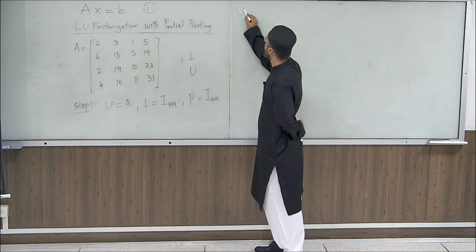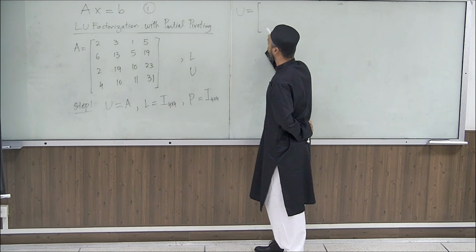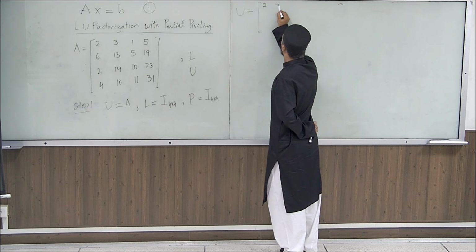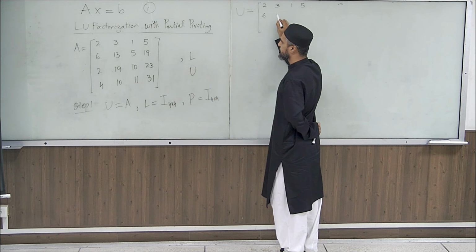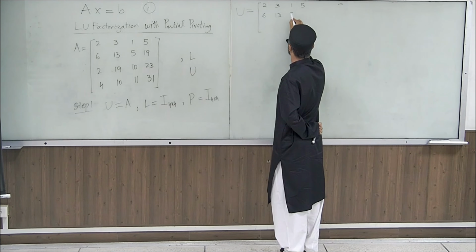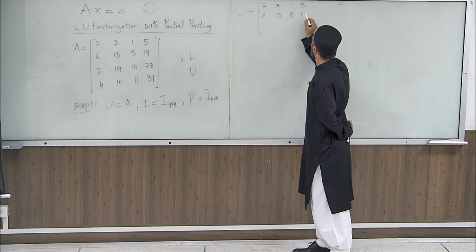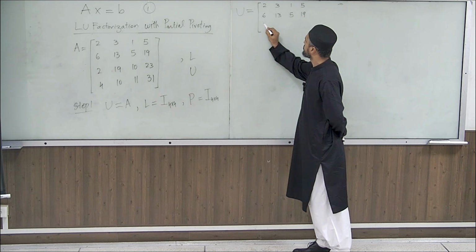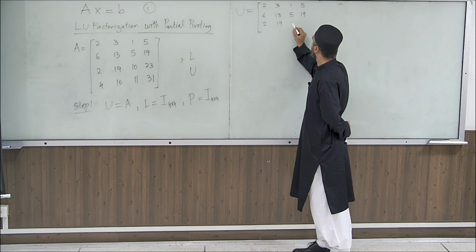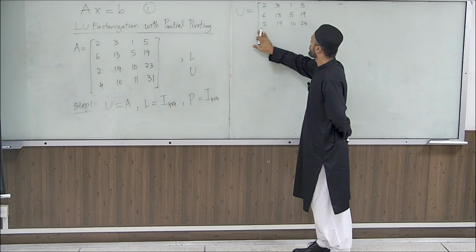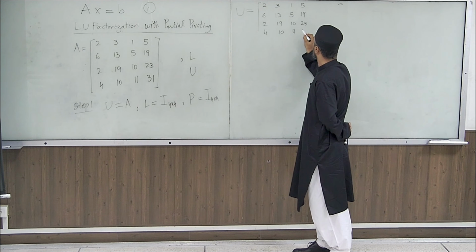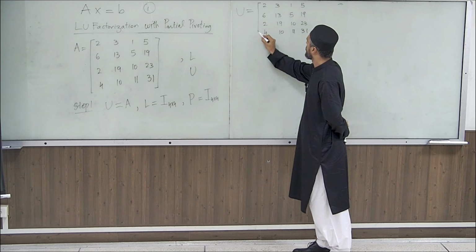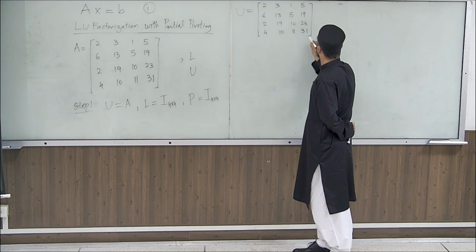So let me write U, which is 2, 3, 1, 5. I'll use a little less space so we can actually complete the process on this board. We have 4, 10, 11, and so on.